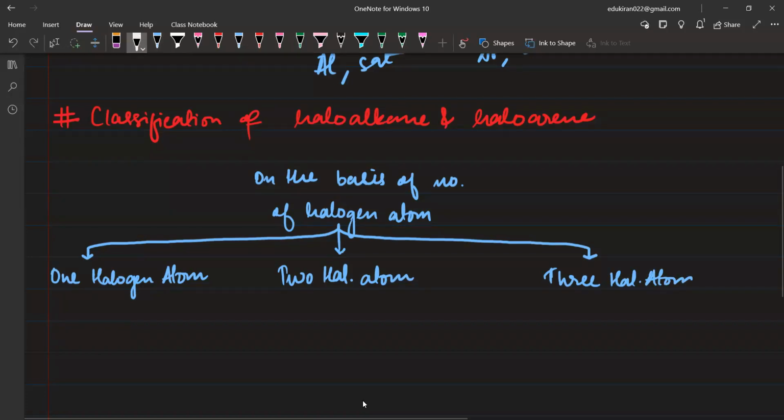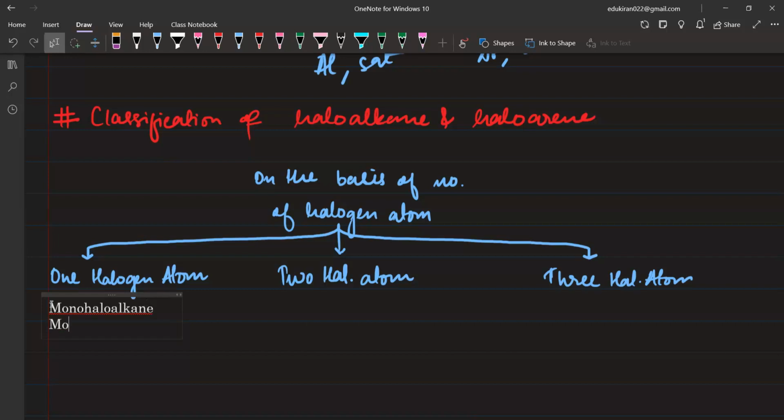When you have one halogen atom, if it is haloalkane, we call it mono haloalkane. So let me type this, I think it will save space. So क्या बोलते हैं, if you have one halogen atom in a compound, then we call it mono haloalkane.